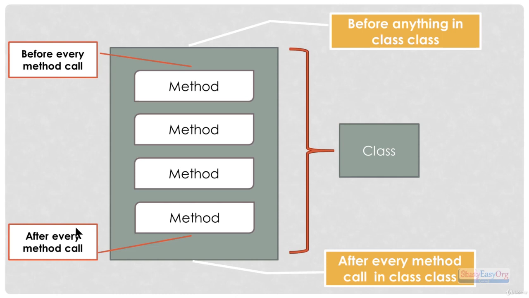So we have four hooks. First hook, to run a method before any other method in the entire class. Second hook, to run a method after every method in the class. Then a hook to run a method before every method, and finally a hook which will run after every method. And we can automate these things using these hooks.